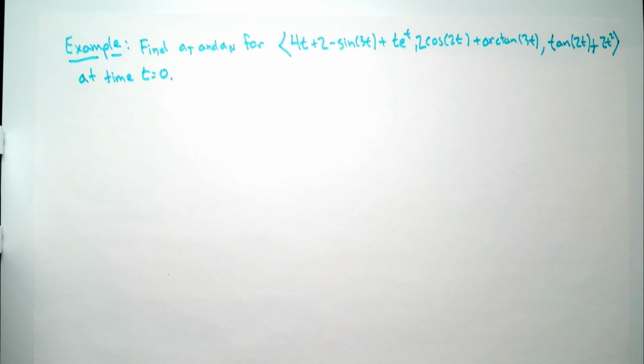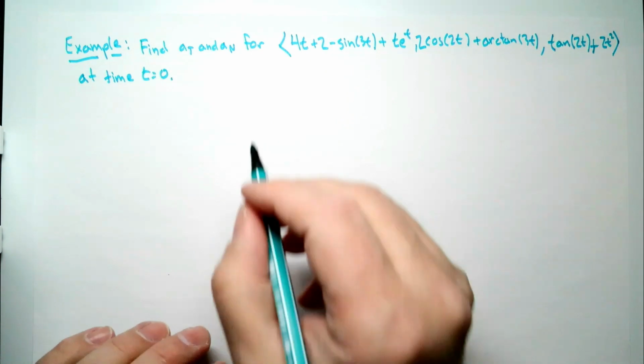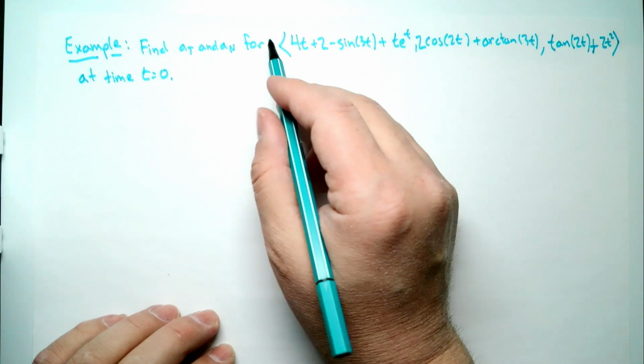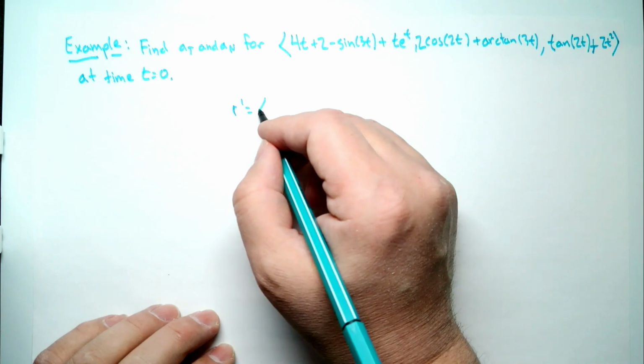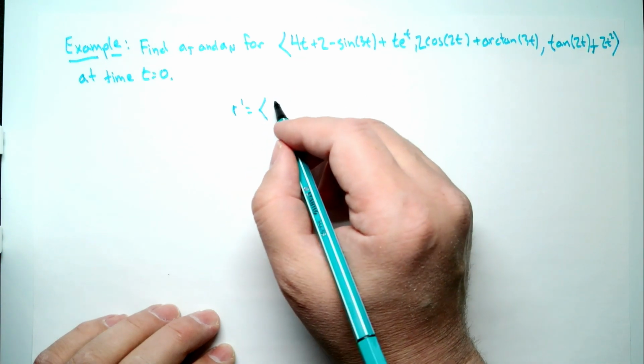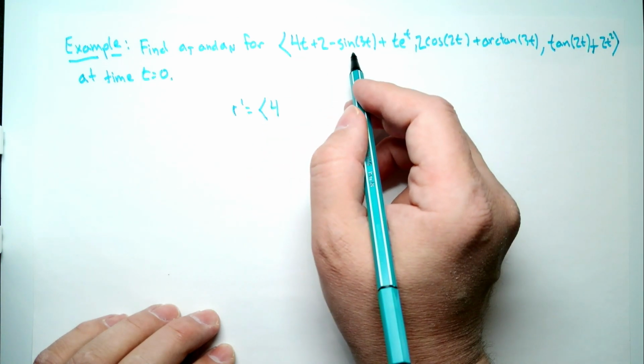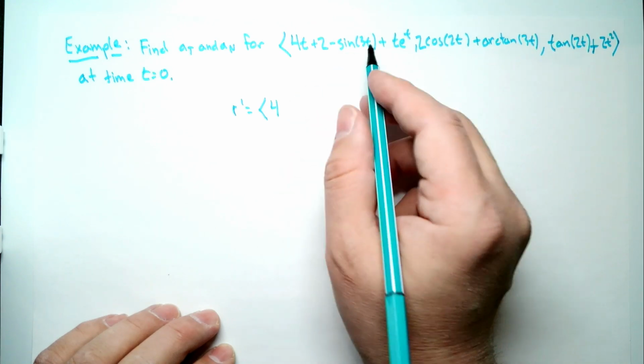Now, all problems begin the same way. We need r prime and we need r double prime. So I'm going to compute r prime and r double prime first. So this is r. So let's look at r prime. That would be going through taking the derivatives. 4, here the derivative of sine is cosine, but the 3 comes out.